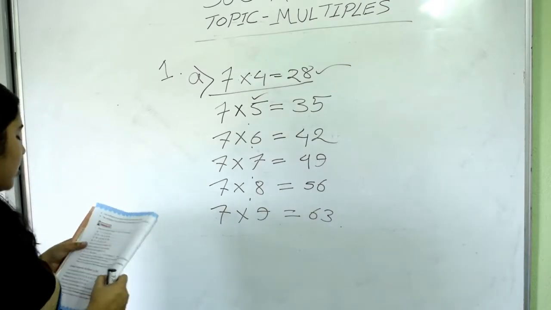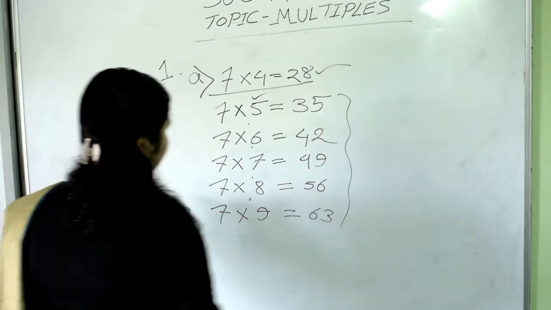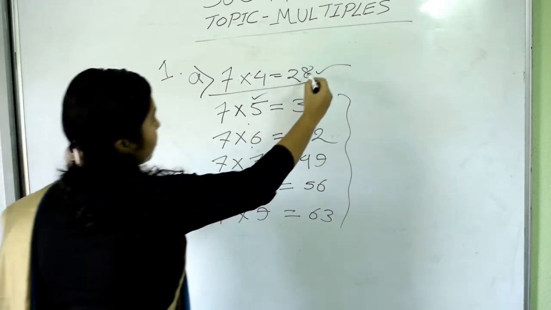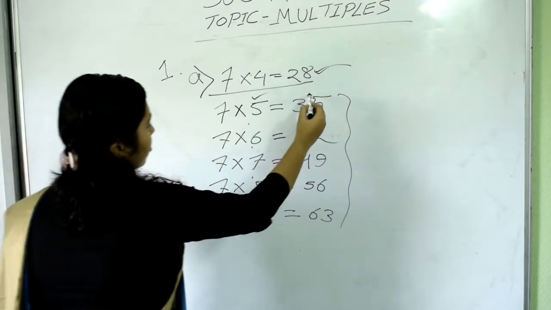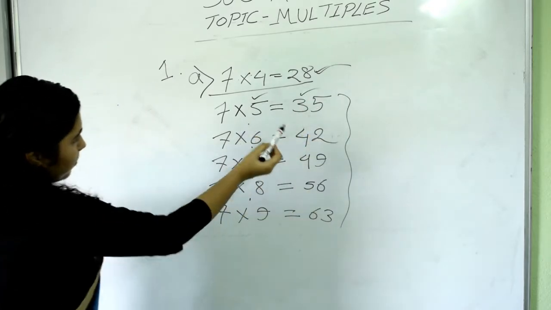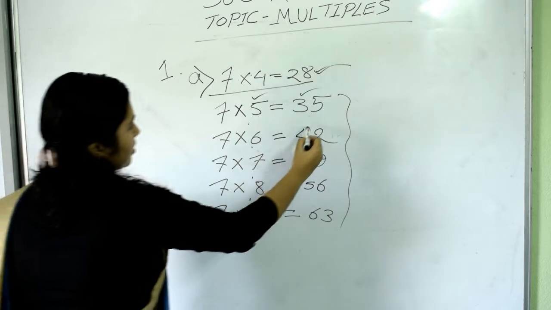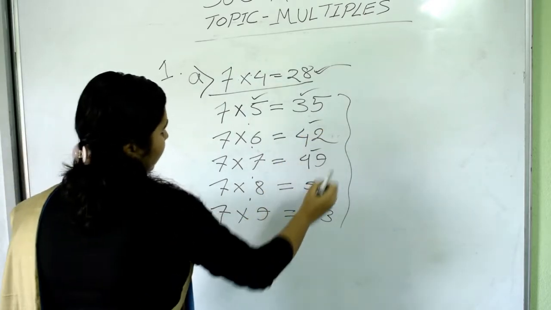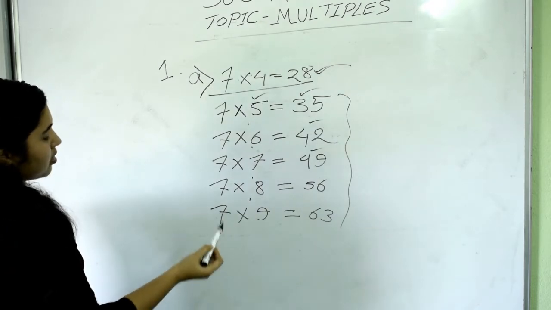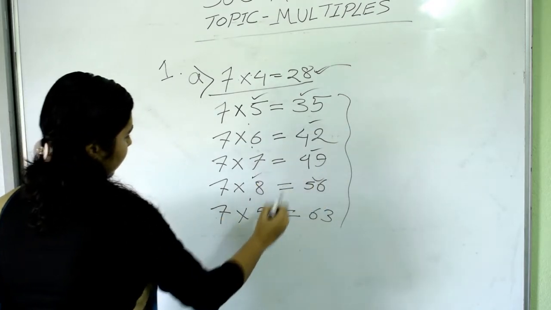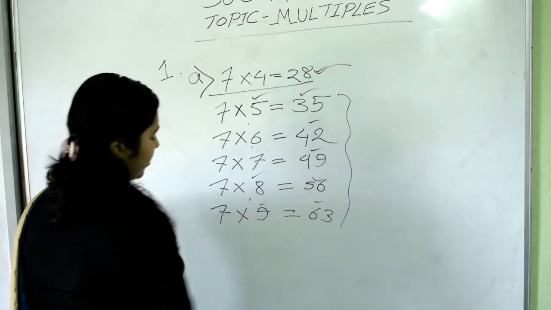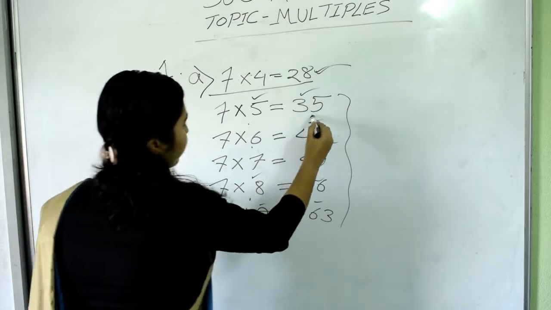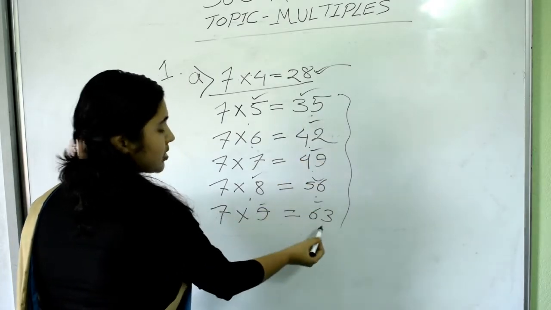So these are the next 5 multiples of 7 after 28. This one is the 5th multiple of 7, which is 35. This one is the 6th multiple of 7, which is 42. 49 is the 7th multiple of 7, 56 is the 8th multiple, and 63 is the 9th multiple of 7. So our answer is 35, 42, 49, 56 and 63.